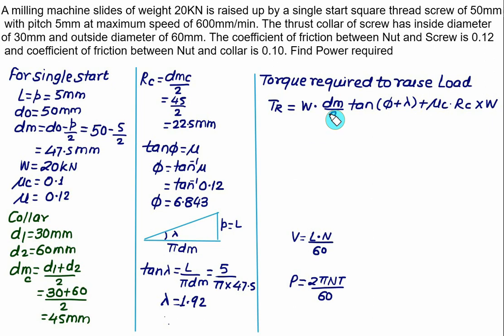Now we know the value of W, dm, tan of phi plus lambda. Mu c is known, Rc is known, W is known. So we can calculate the total torque required to raise the load.